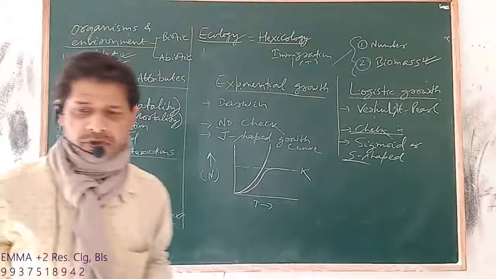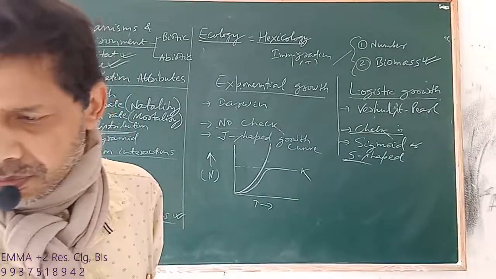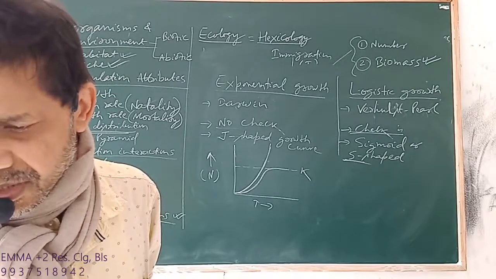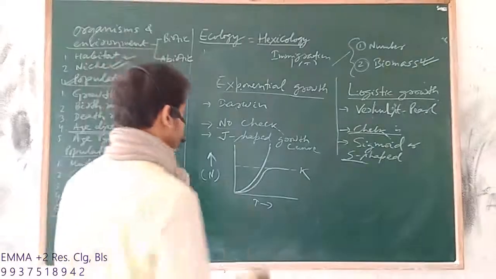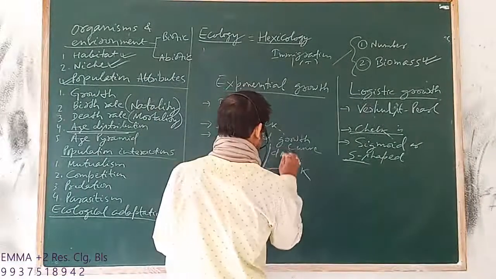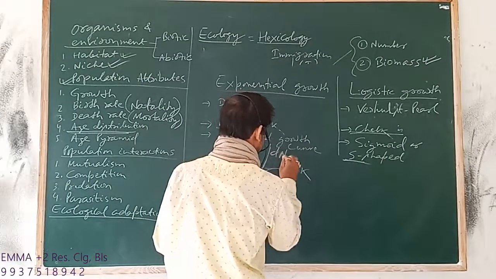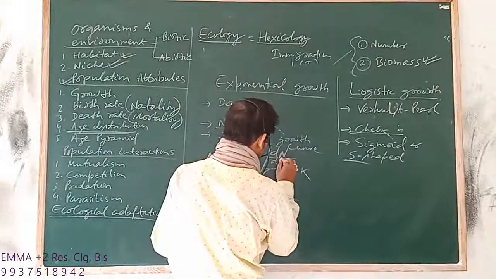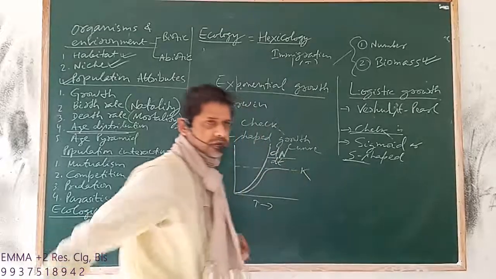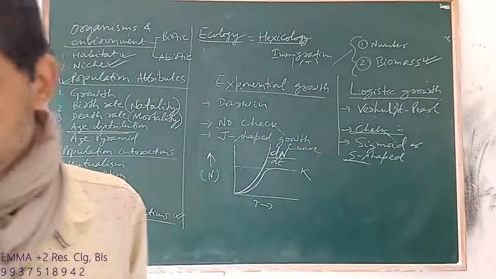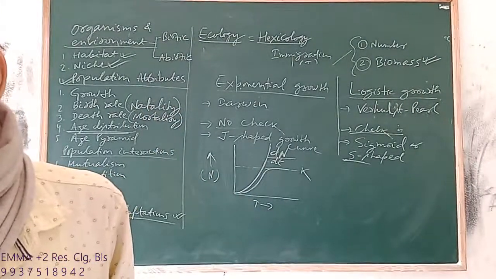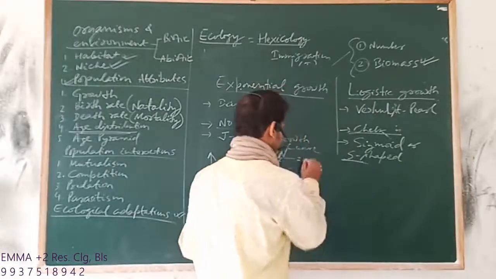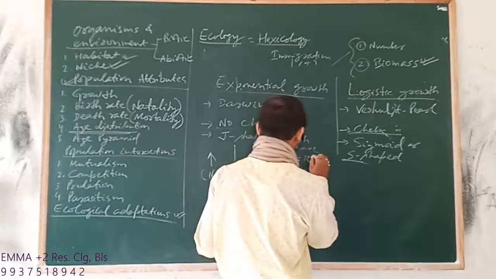So what is the formula? Formula of population during a unit period, that is the dn. D means density, n means population, per unit time dt. So dn by dt, population density per unit time, is equal to Rn.